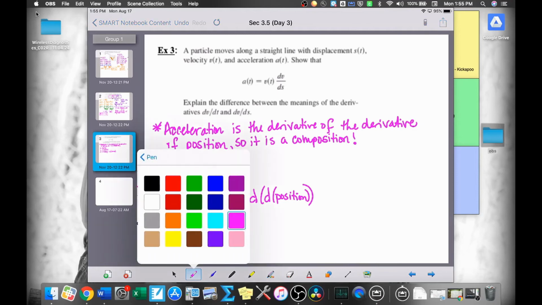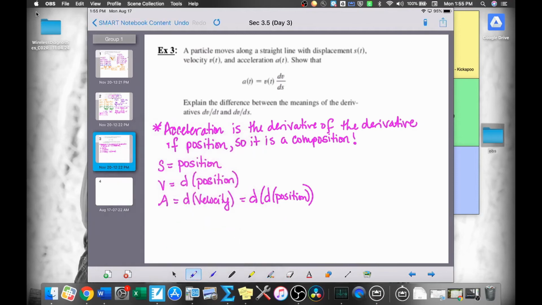Well, first of all, let's do that. dv/dt would be equal to the derivative of velocity with respect to time. So derivative of v with respect to t.